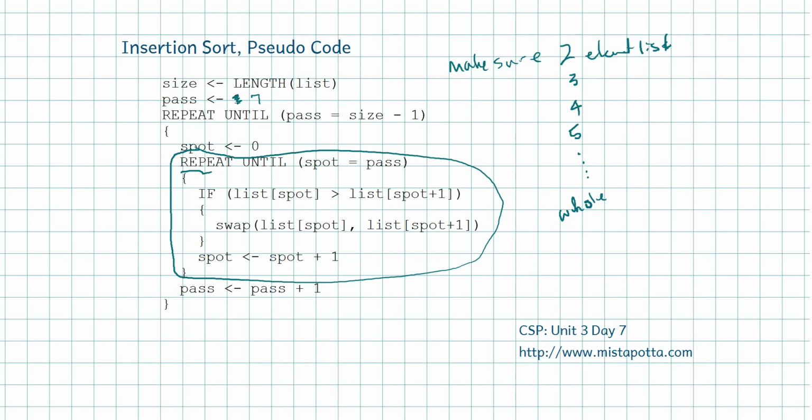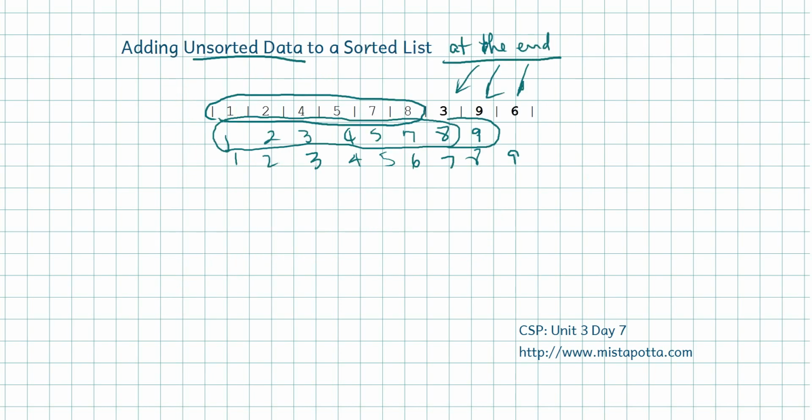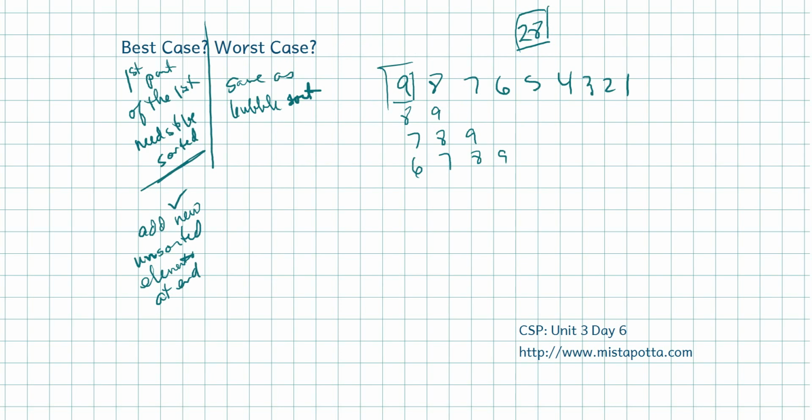So the thing that's important to remember when we're dealing with these sorts is that I want to use the insertion sort if part of my list is already sorted and I just want to add data to the end of it. I don't want to do this as a brute force, this is the first time I'm looking at my data sort. The selection sort is probably the best of the 3 sorts that we've learned so far. This insertion sort for completely random data is actually just as bad as a bubble sort. And that's something to keep in mind.